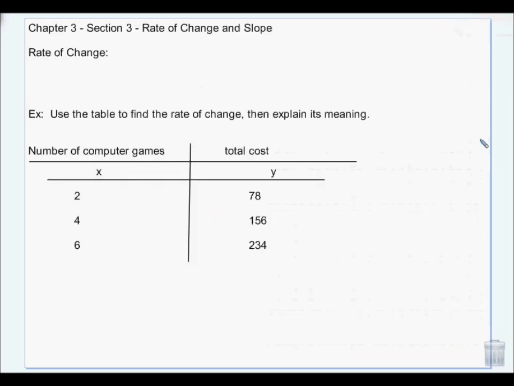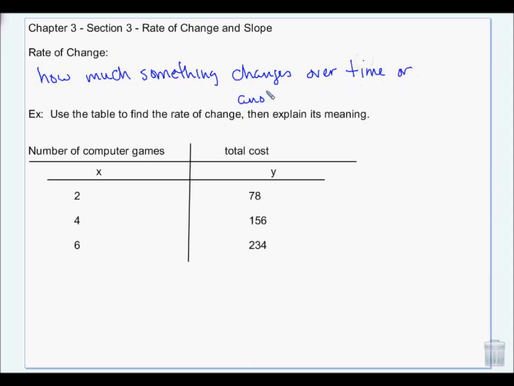Now, rate of change and slope. Okay, rate of change is how much something changes over time, or it can be over another interval.